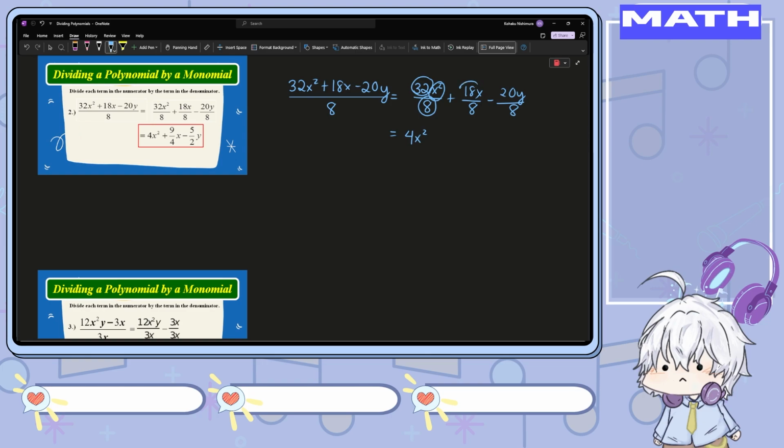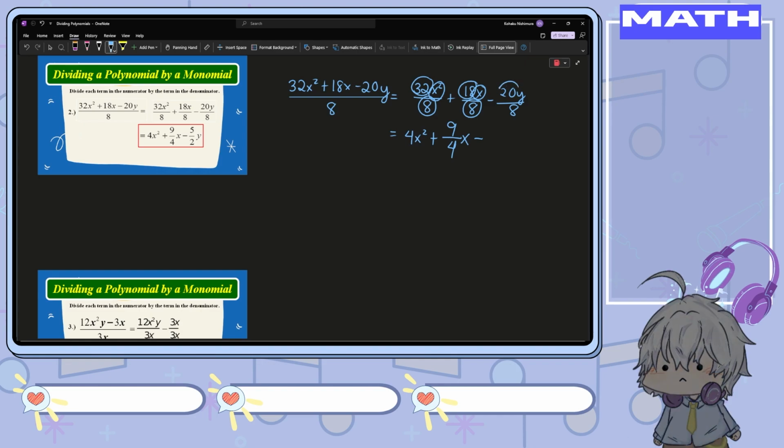The next one, 18 divided by 8, does not divide evenly, but we can simplify them by dividing them by their GCF. And their GCF is 2. I can divide 2 to them. So 18 divided by 2 will be 9. And 8 divided by 2 will be 4. And take note, we are left with x.